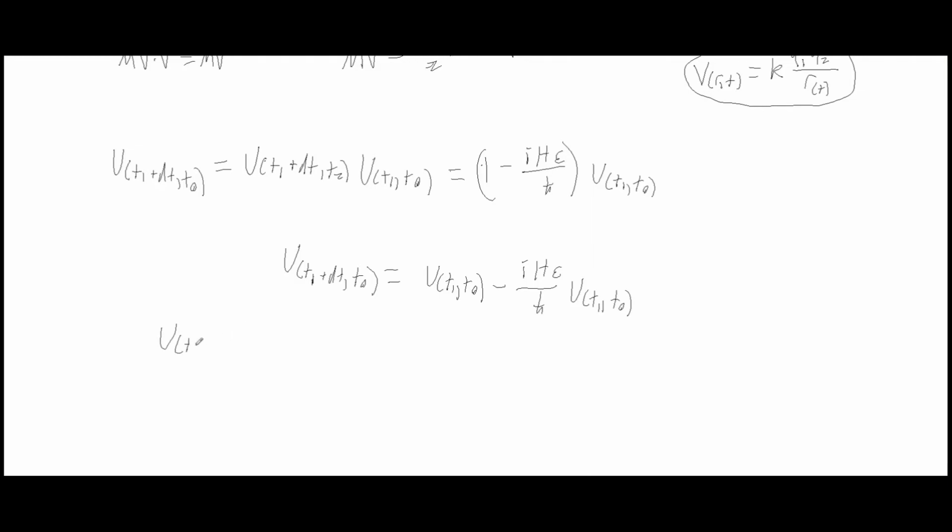And then we can subtract this from both sides, and what we end up with is u(t1 plus dt, t naught) minus u(t1, t naught) equals minus i H epsilon over h bar multiplied by u(t1, t naught).